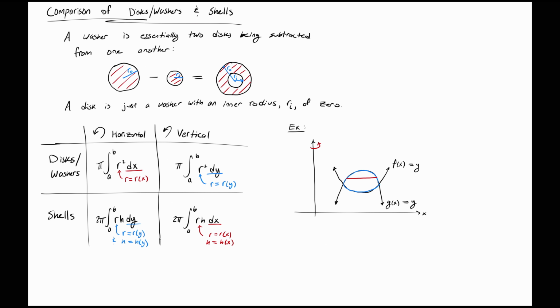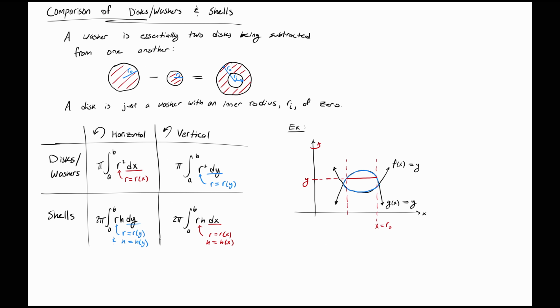So right here, if I think about this, whatever the x value is here, this would be your inner radius, and this x value over here would be your outer radius. So if I consider drawing my slice at some arbitrary y value, then we would have to figure this x value out.